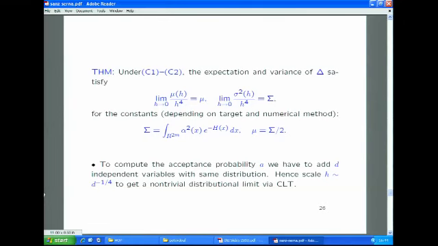And furthermore, this limit is half that limit. So this settles the behavior of the energy increase for a single particle.